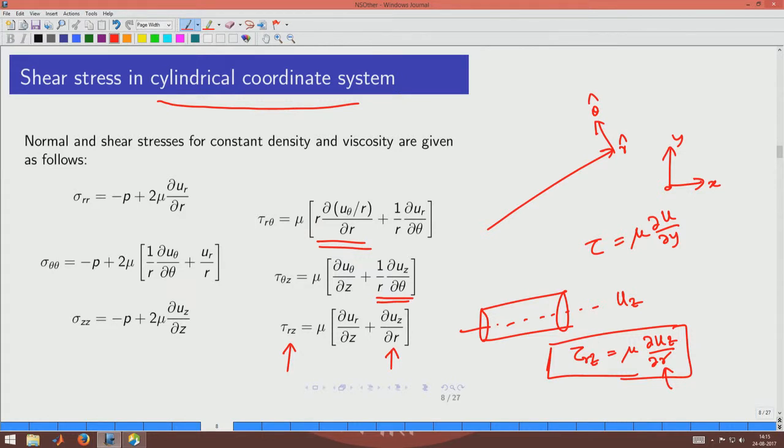So, whenever we have a velocity distribution and we are asked to find out the shear stress, then simply plug in the velocity distribution into these equations and then the stresses are available. When you plot those stresses as functions of r or z or theta, then we see how the velocity distribution can be explained as a function of the distances, looking at how the stresses are actually causing that.